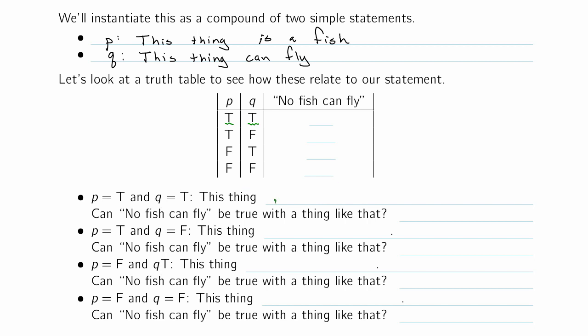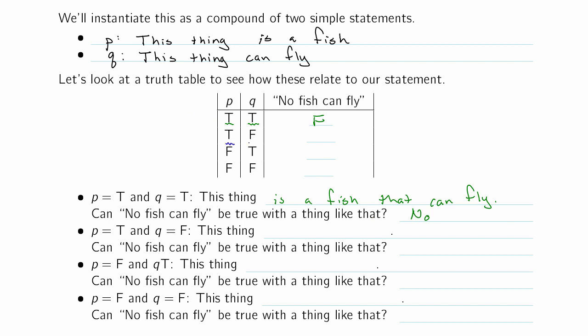So this thing is a fish that can fly. Can no fish can fly be true then? Well, no, because here, behold, I've found a fish that can fly. So that means that no fish can fly is not true. In fact, no fish can fly is false.